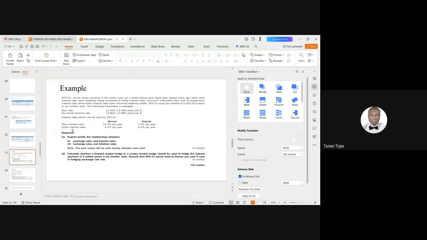So you are borrowing in your home currency. This is the rate, 4.5% per year.